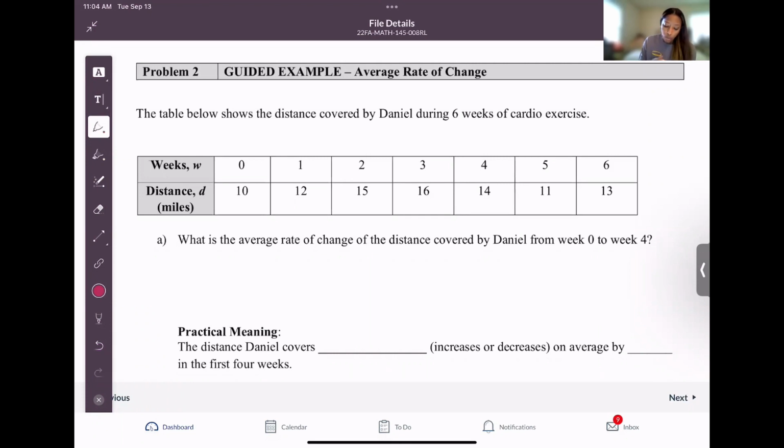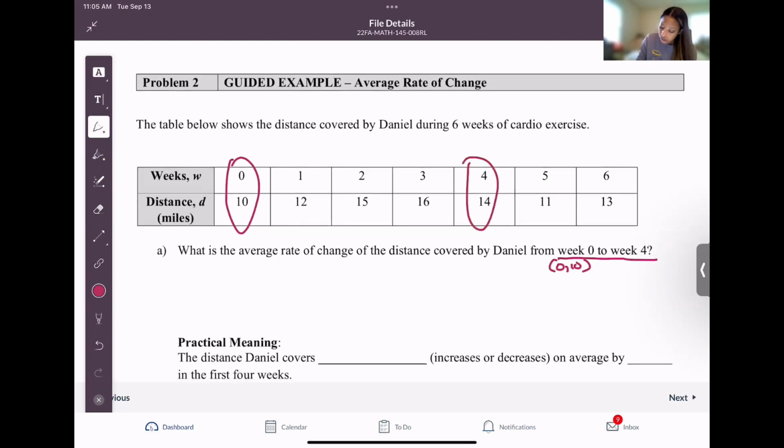We are asked, what is the average rate of change covered by Daniel from weeks 0 to 4? Week 0 to week 4. In order to do this, we want to look at the ordered pair associated with week 0, that's (0, 10), and the ordered pair associated with week 4, (4, 14).